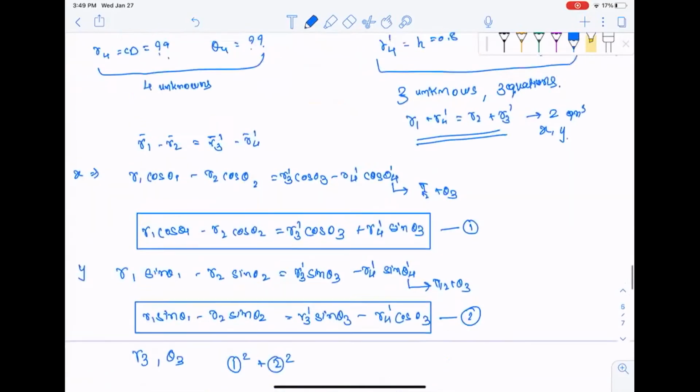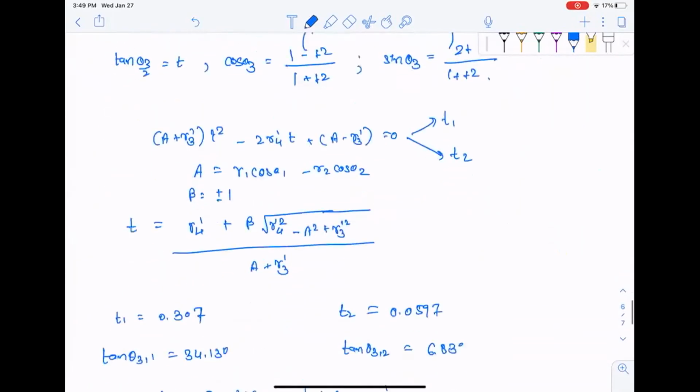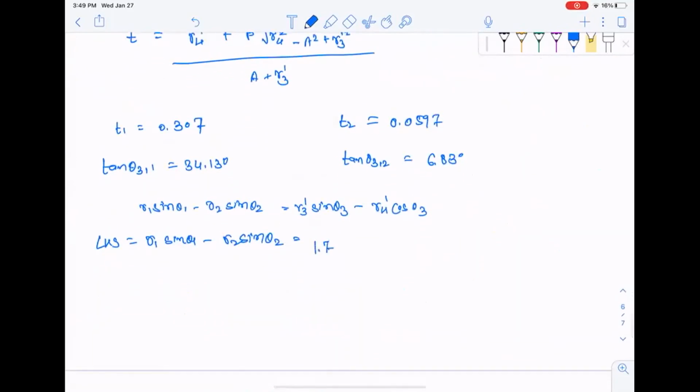You already know r1 is 1.7, so 1.7 sine 6 degrees minus 0.9 sine 126 degrees. The value of this is minus 0.5504.